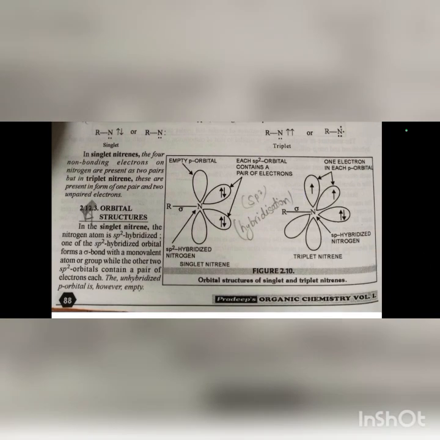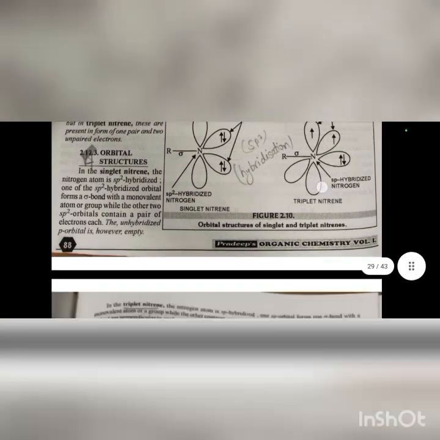Orbital structure. In the singlet nitrene, the nitrogen atom is sp2 hybridized. One of the sp2 hybridized orbitals forms a sigma bond with a monovalent atom or group, while the other two sp2 orbitals contain a pair of electrons each. The unhybridized p orbital is however empty.